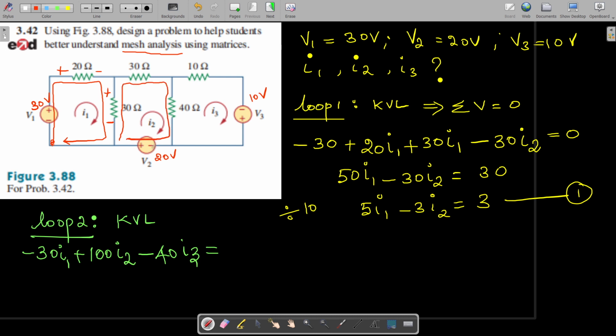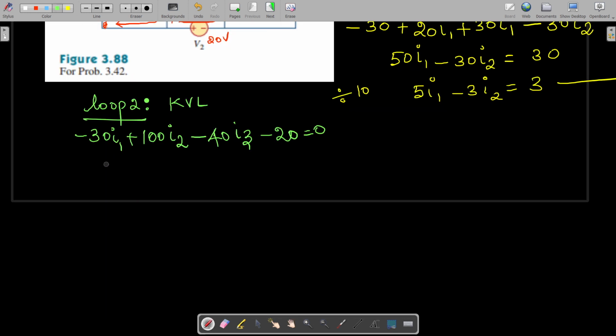For this 20 volt source, the entering point has a minus sign, so you make it minus 20, that is equal to 0. So this can be rewritten as minus 30 I1 plus 100 I2 minus 40 I3 equal to 20.